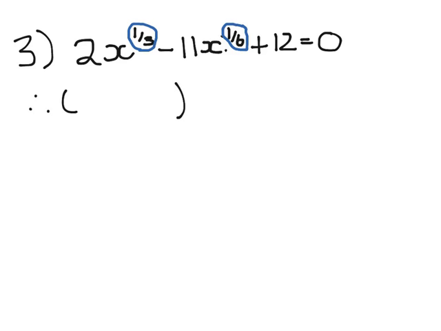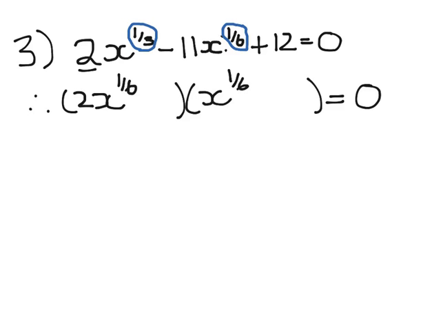It will be 2x to the 1 over 6 and x to the 1 over 6 is equal to 0.